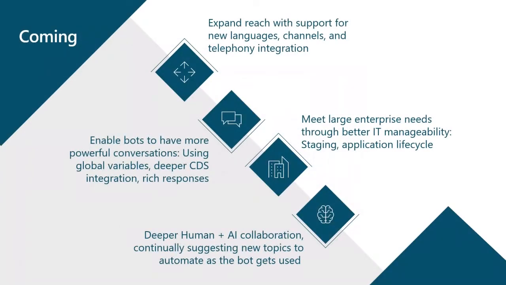This is a bit of a summary of what was on the roadmap here: expanding reach with support for new languages, channels, the telephony integration, which I just talked about. We're also going to see pretty soon this staging and application lifecycle, so the ability to package your bot up as part of a solution and move it between the different environments. So that's something we'll get soon.